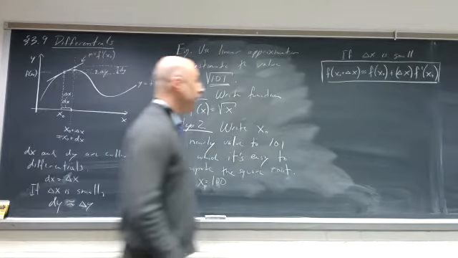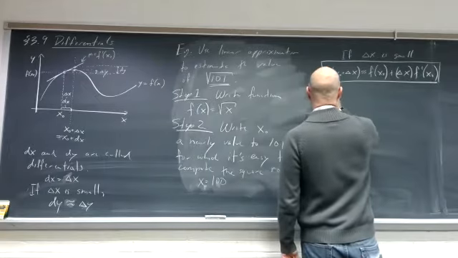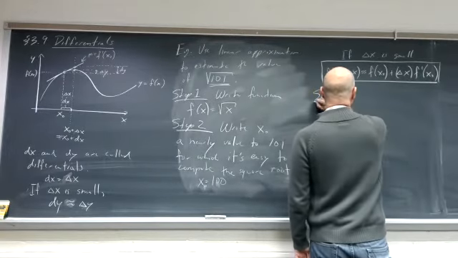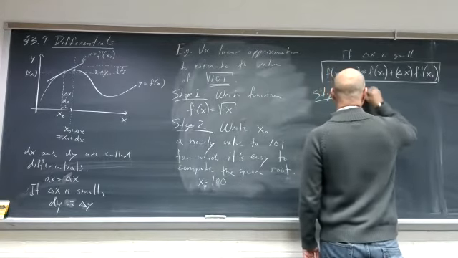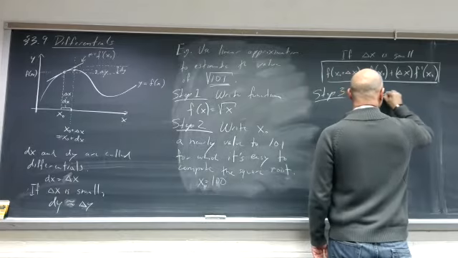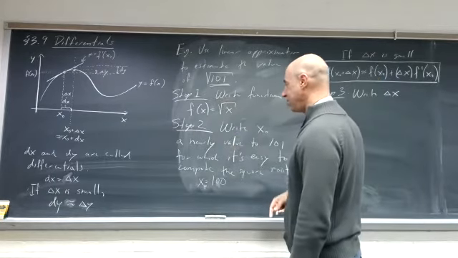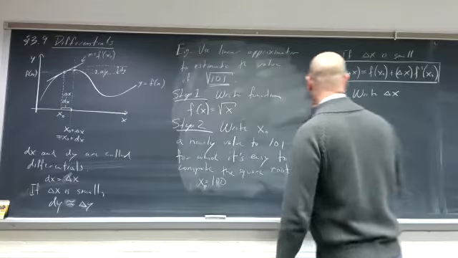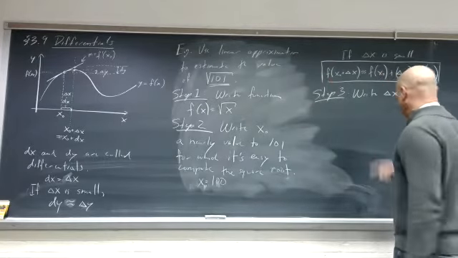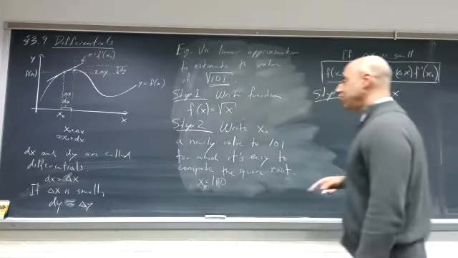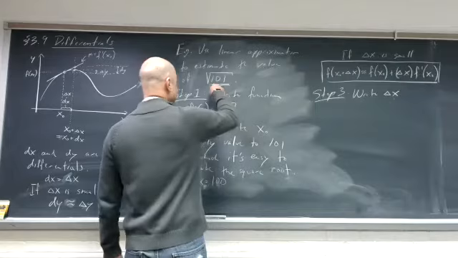So step 3, write delta x. You can see I'm doing more writing step 1, step 2, and step 3 and explaining what those are. So delta x is going to be the distance from x naught to the point that you care about.